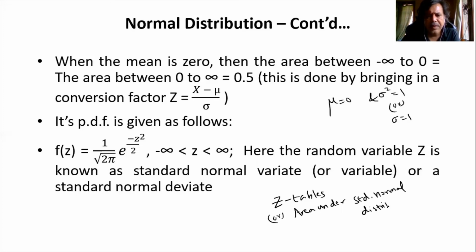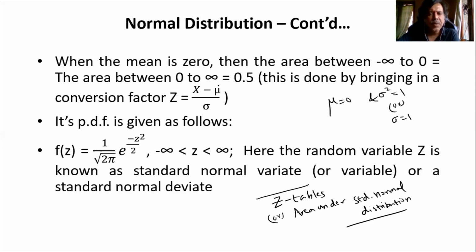We can refer to those tables to find the probability against a Z value, or if the probability is known, from that we can find the corresponding Z value. And then from Z we can find the desired X value.